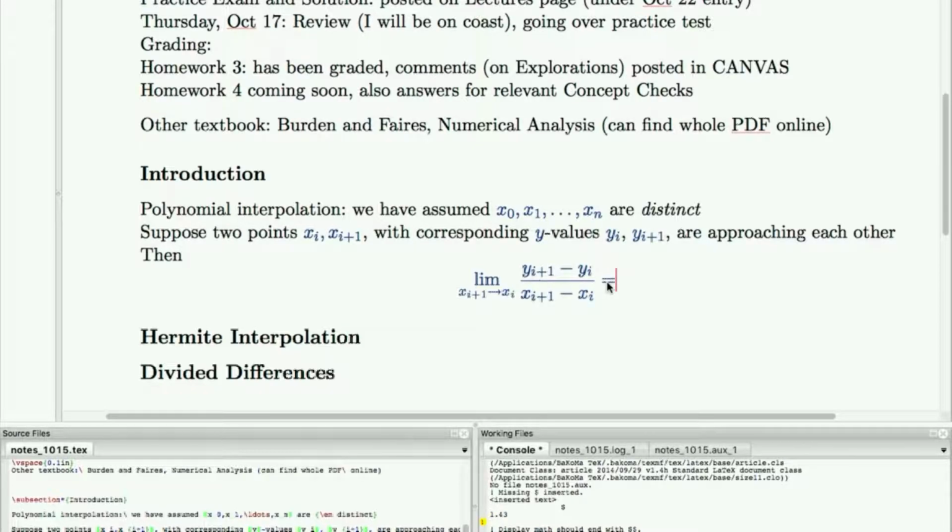As the two x values approach each other, what is this quantity approaching? As you learned about in Calc 1. Now we assume that y equals f of x. I could write it a little differently, and that might tip you off.